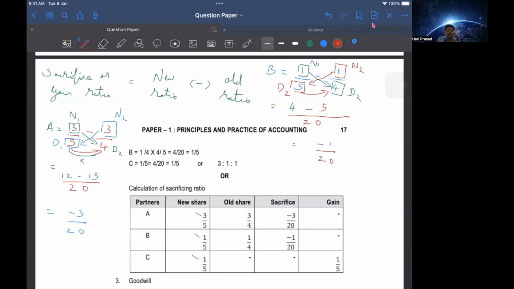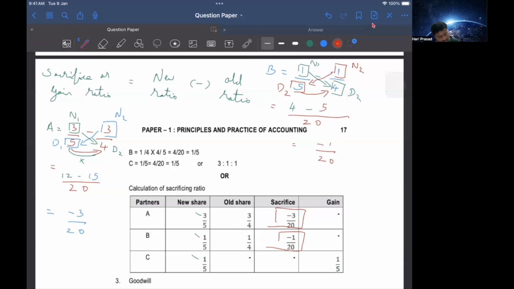Again, what we are getting for B is minus 1 by 20, which implies B is sacrificing. You can see from the workings. Minus 3 by 20 is A's sacrifice. Minus 1 by 20 is B's sacrifice.